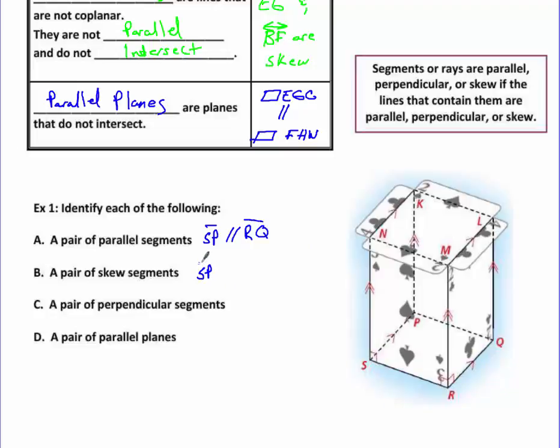Let's stick with SP since we've already found it. So now we need one that doesn't intersect it, is not in the same plane, and is not parallel to it. So this one back here is a good one, right? Meets all those criteria. So SP and QL are skew.